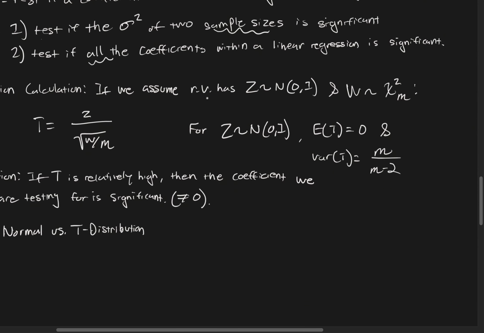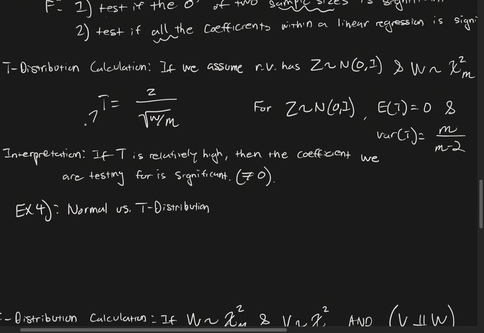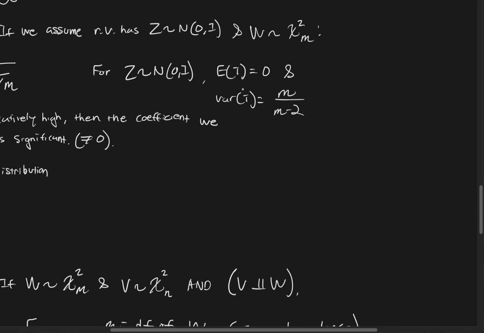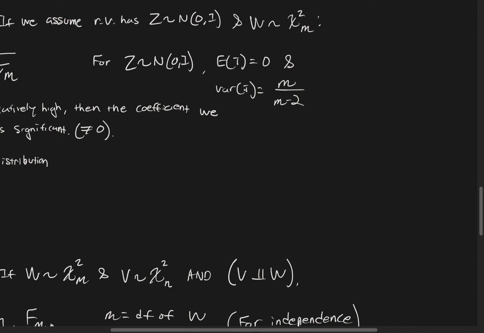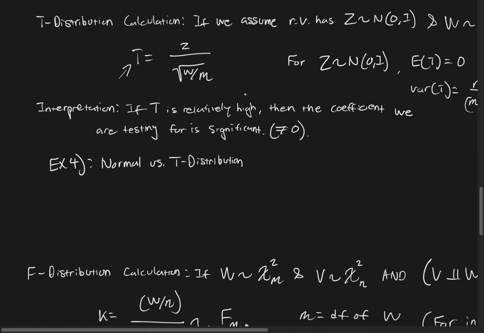If we assume a standard normal distribution, then this t statistic will have a mean of 0 and a variance of the degrees of freedom divided by the degrees of freedom minus 2. So subtract that first and then divide it from m.